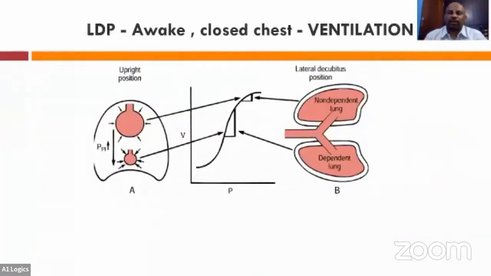We already saw that in the upright position, the alveoli in the apex are already distended and they don't get much ventilation. So the lower basal alveoli, for a given amount of alveolar pressure, expand very well and they remain in the steep part of the regional compliance curve. The same thing happens when the patient lies down.